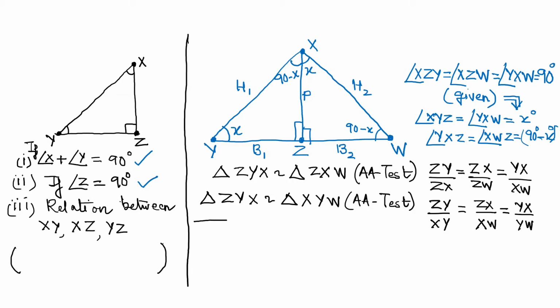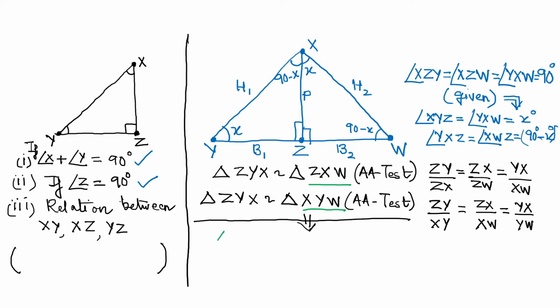Finally, using both these tests, we can conclude and compare the right hand sides. When we are comparing their right hand sides, keeping their left hand side constant, that means we are using the concept of identities. So what are we saying?